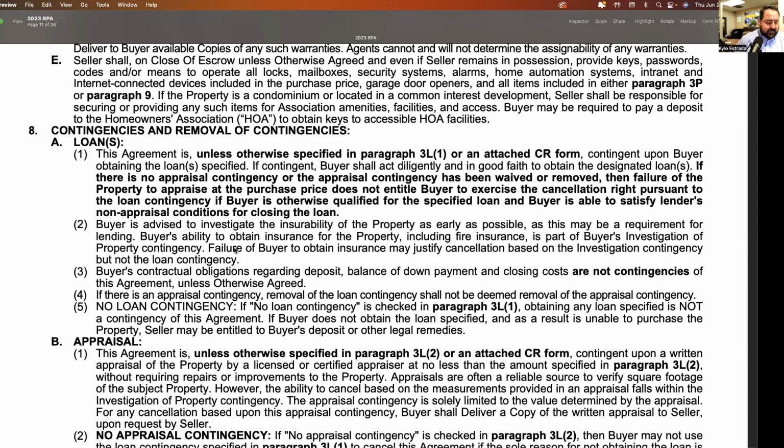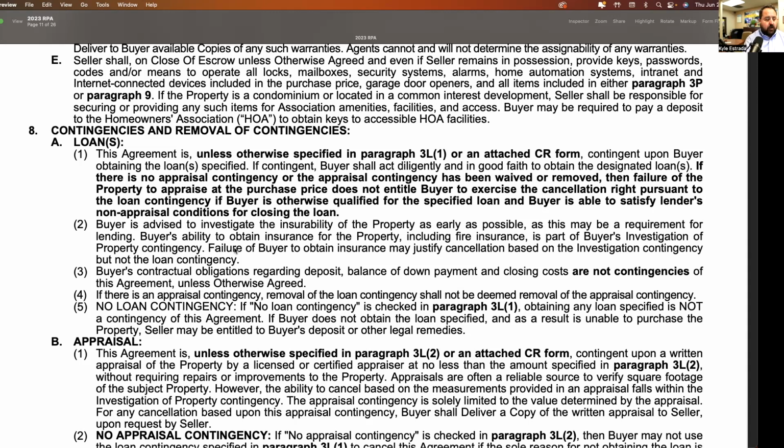And then from a listing side, I think we have to start looking at this no appraisal contingency for what it is, basically a stunt, right? I know I have to get an appraisal done. The majority of the people writing offers on these properties saying no appraisal contingency, and writing offers over asking price, do not have anywhere near the funds necessary if it doesn't appraise for that offer price.